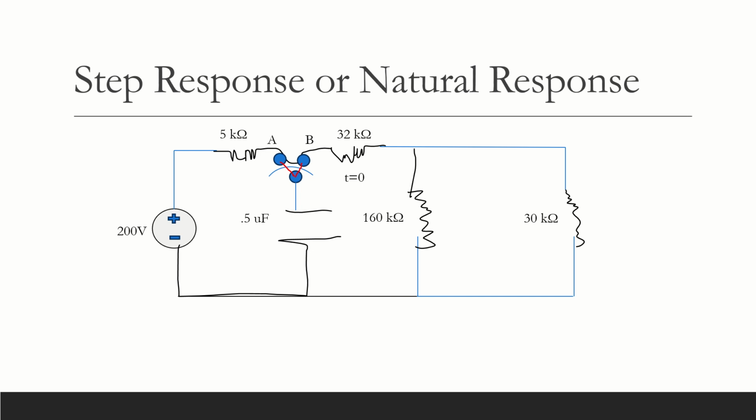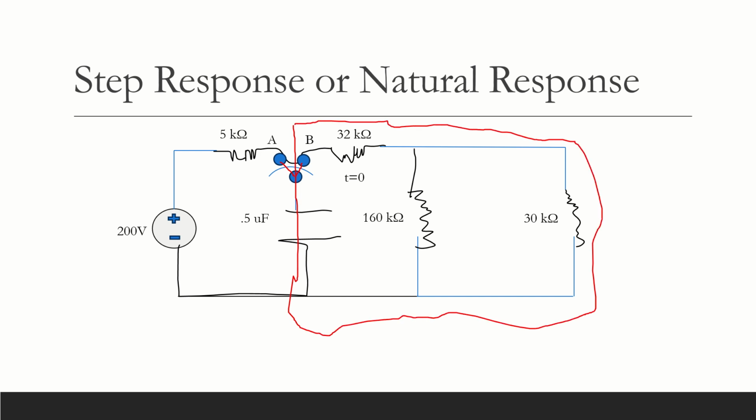Then the circuit of interest is all of this bit right here. Looking at this one by itself, isolated from the left, we see that the circuit is just capacitor and resistors. So there's no independent source in the circuit, so it's a natural response problem.